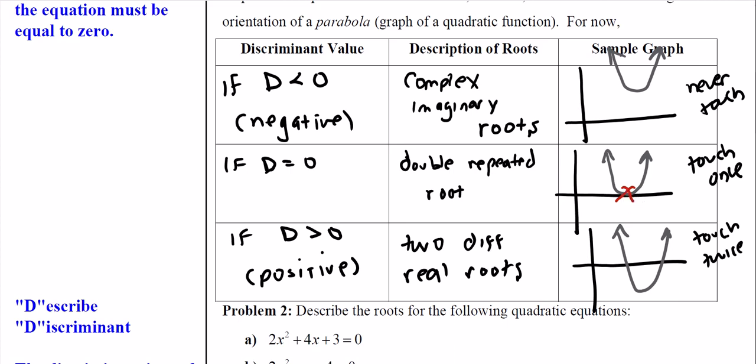If I have 2 different real roots, it's going to touch it twice. So if there's one that repeats, it's right there on the x-axis. And if I have this one, it never touches because there are no real roots. I only have complex roots. You'll see what that looks like in a bit.